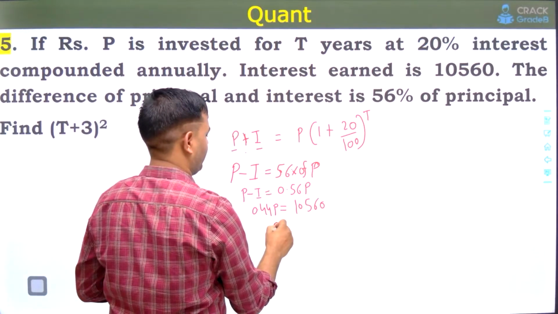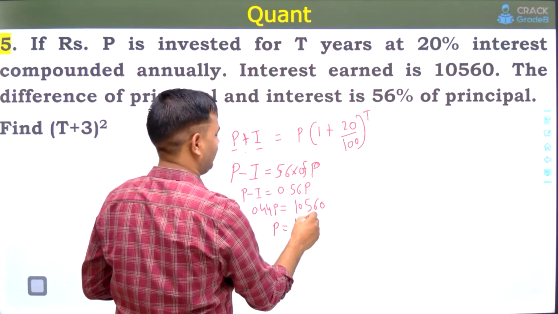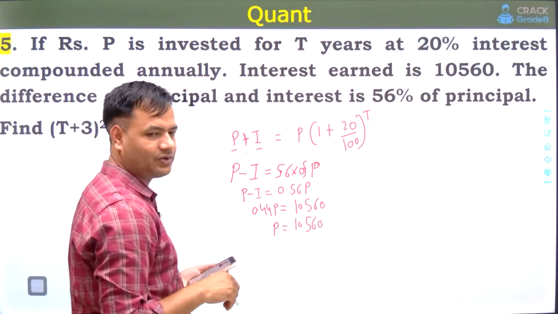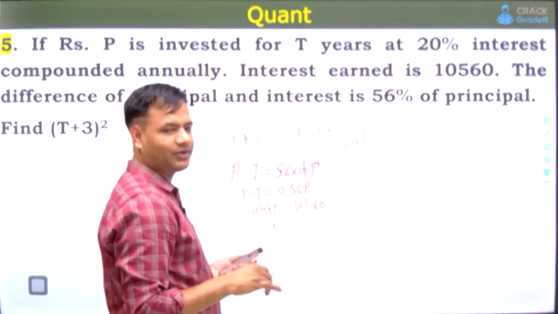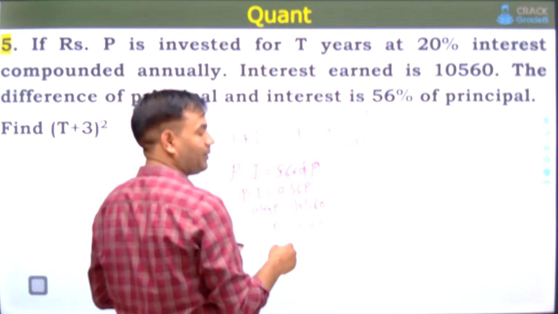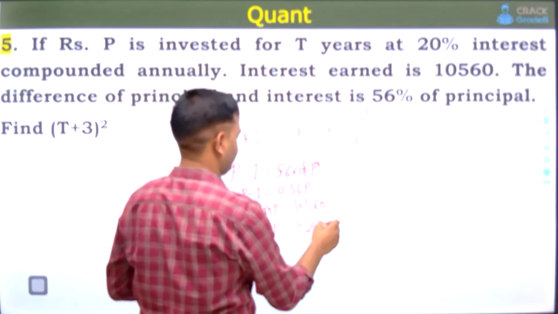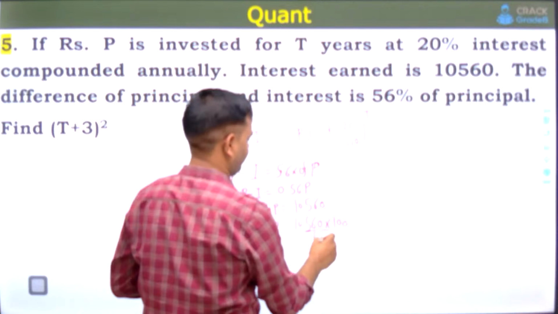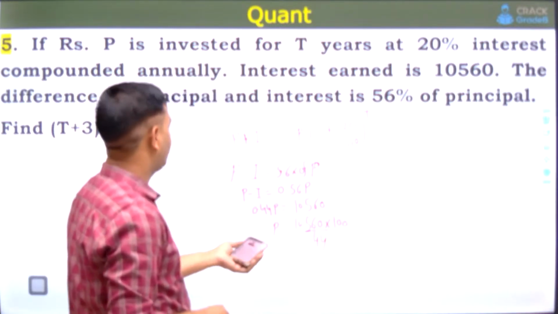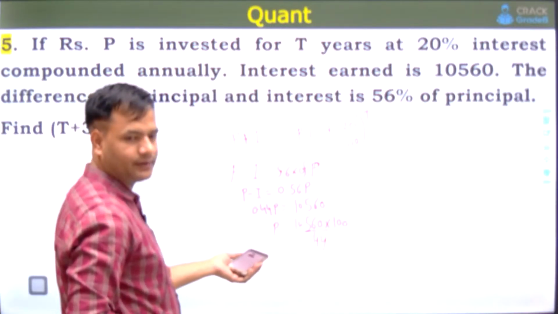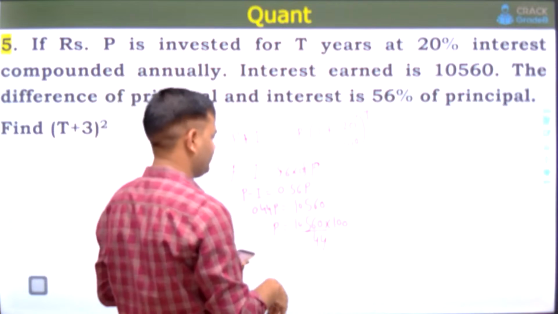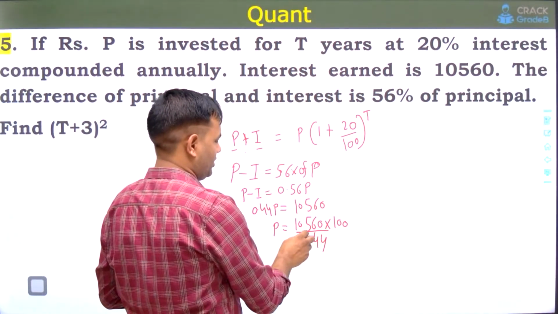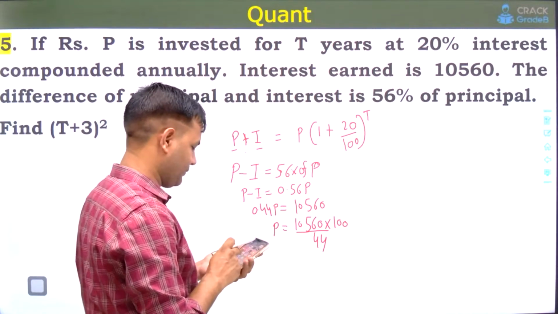So the P value we can calculate, and we will share the solution in our Telegram channel also for all these questions after this session, maybe tomorrow or the day after tomorrow. From here you can get the P. I think it will be, let me calculate first.